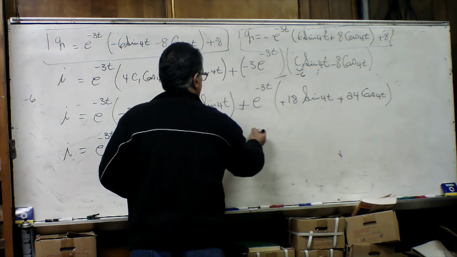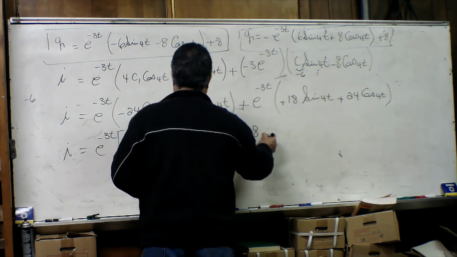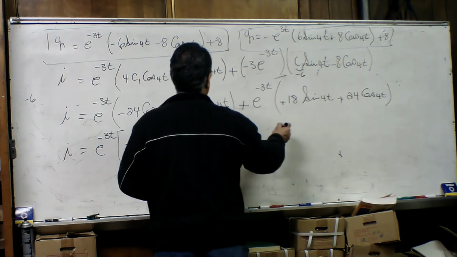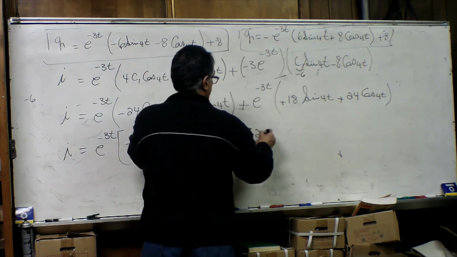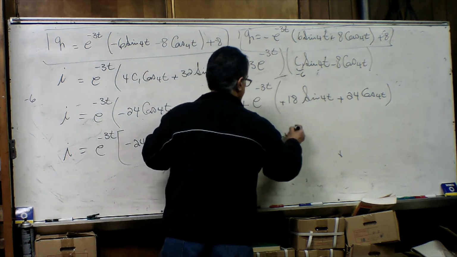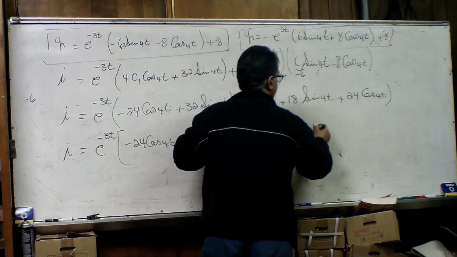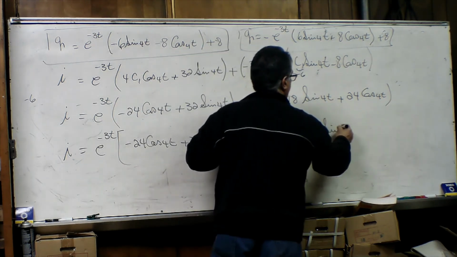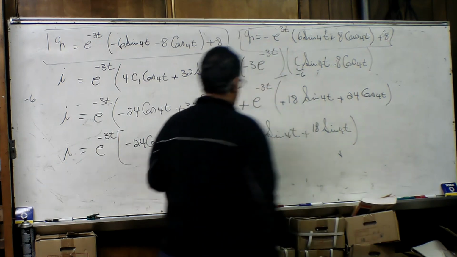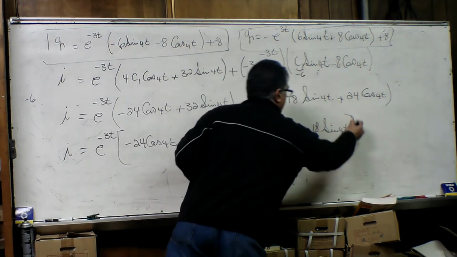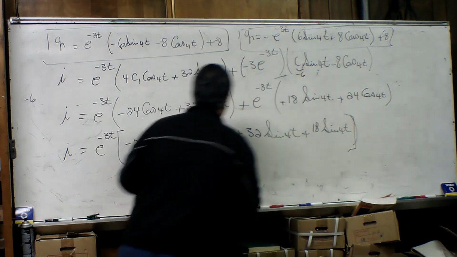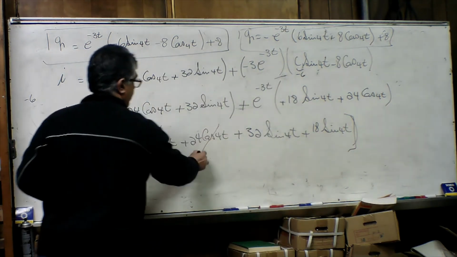Here, these two cosine portions will cancel out.